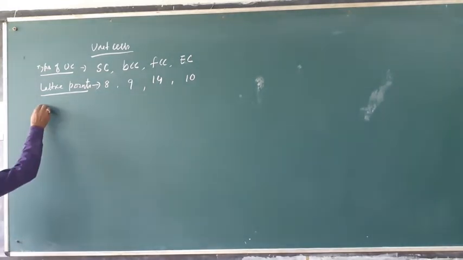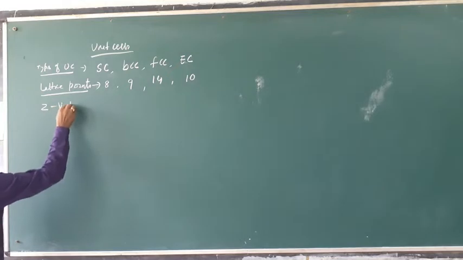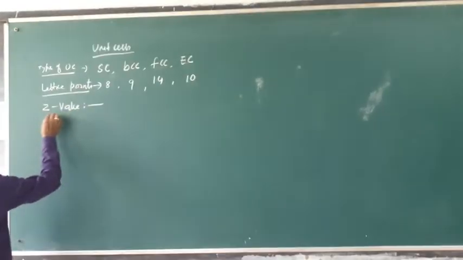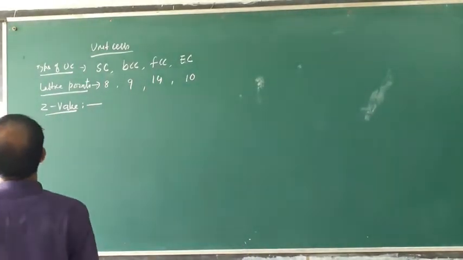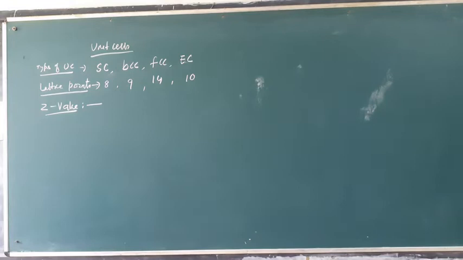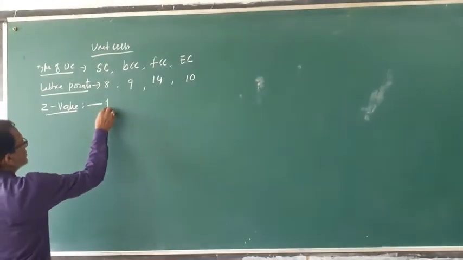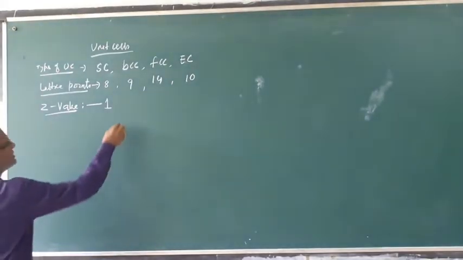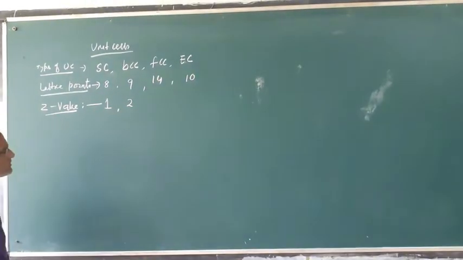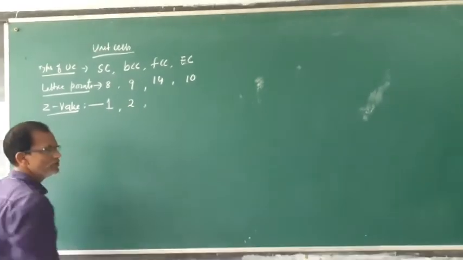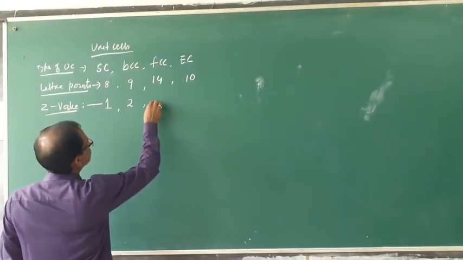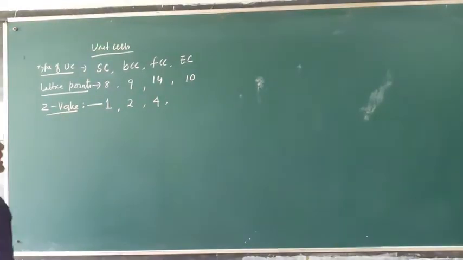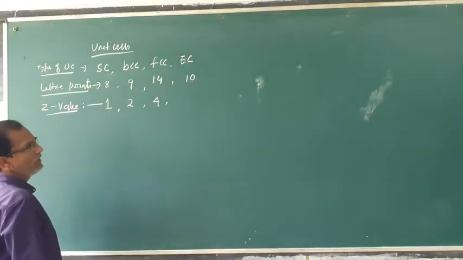Then the Z value. Z value means number of atoms per unit cell. For simple cubic, the Z value is 1. BCC Z value is 2. FCC Z value is 3 plus 1, that is 4. And for end centered it will be 2.